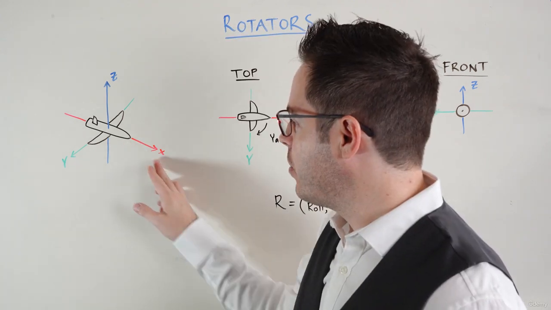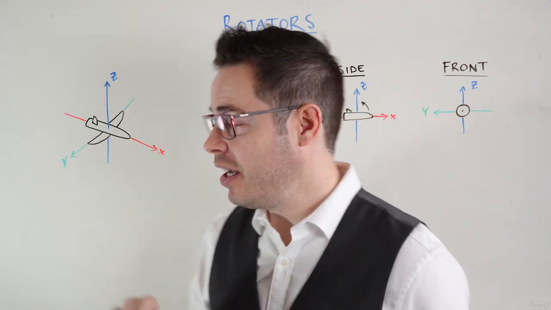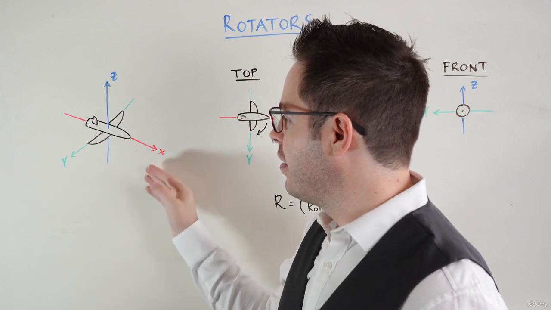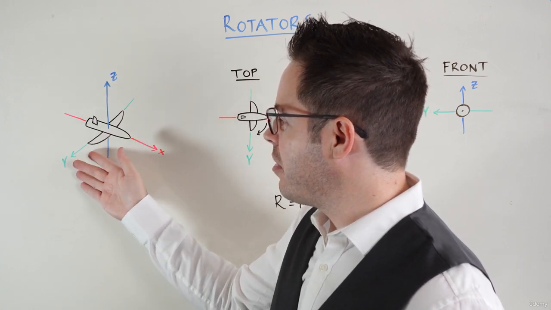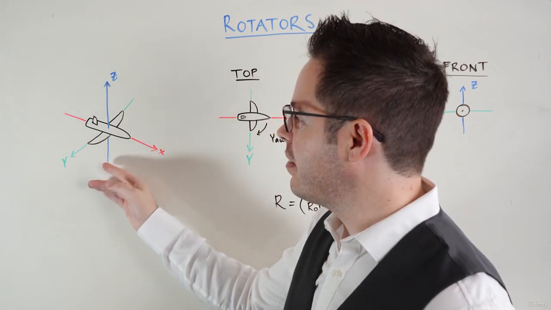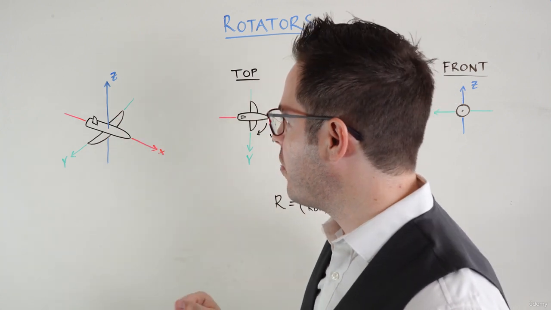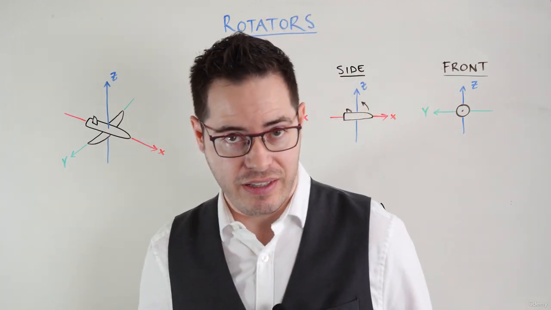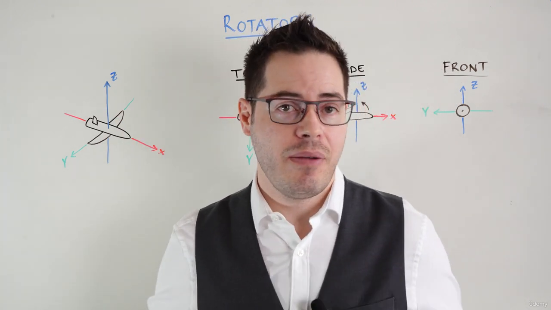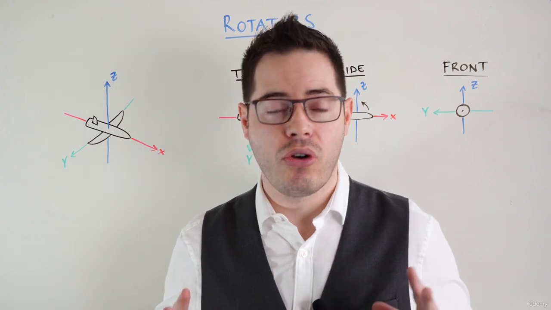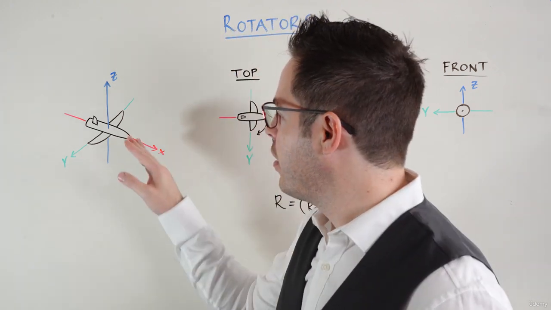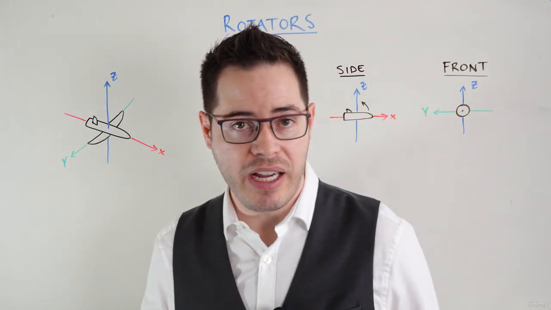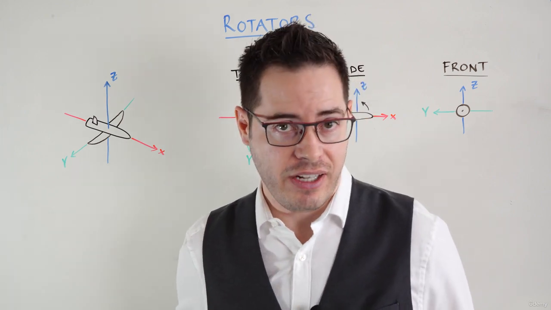We see that its forward direction can be represented by the x-axis, its right direction by the y-axis, and its up direction by the z-axis. And we've seen that objects can have their own local coordinate spaces where the forward direction should always be x for any given actor in the world.